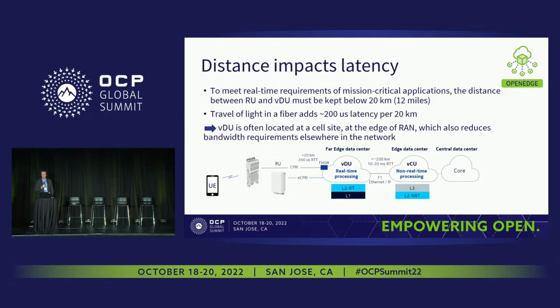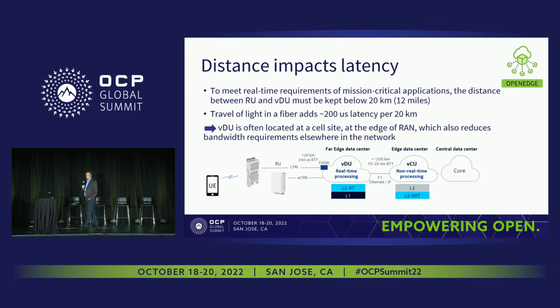And the typical distance between the RU and DU must be kept below 20 kilometers, because of the speed of light traveling in fiber. So with this distance, the round trip latency between the RU and DU would be about 200 microseconds, and we cannot really tolerate much more because there are also additional delays introduced by the different equipment in the network.